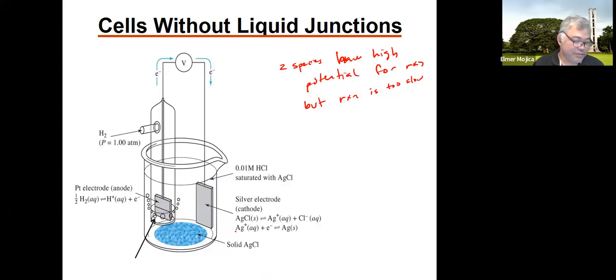So if you have this, what we call the cells without the liquid junction, what type of cell is this one? What do you think the type of this cell is?